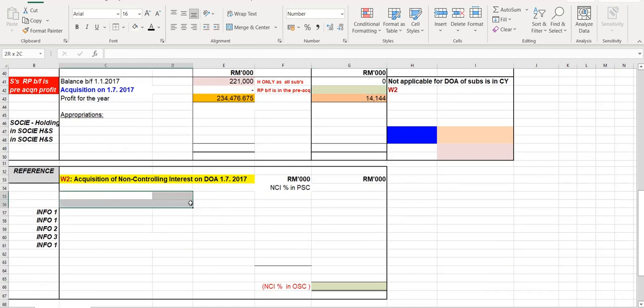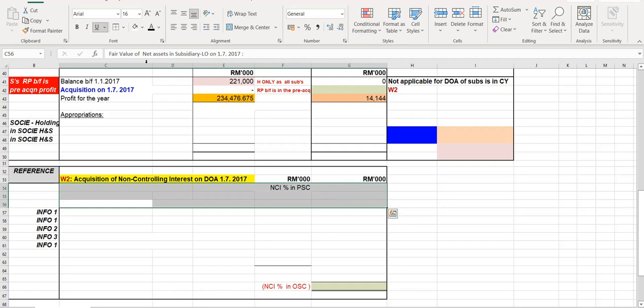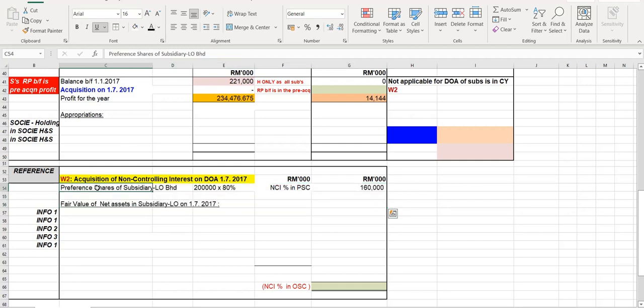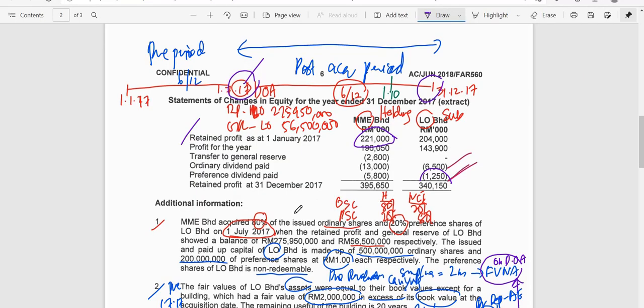First, you need to find out how much is the non-controlling interest coming from the preference shares. That was preference shares of the subsidiary, 200,000. Where is the 200,000?